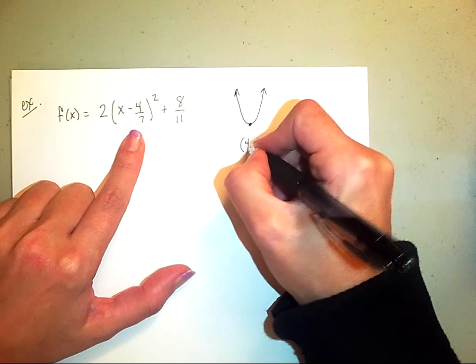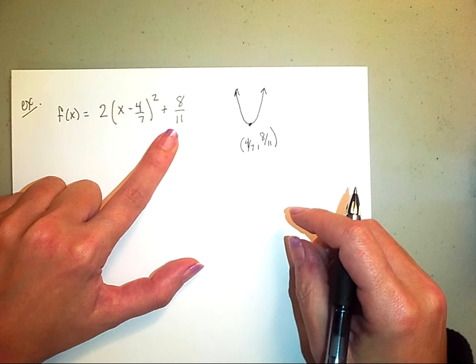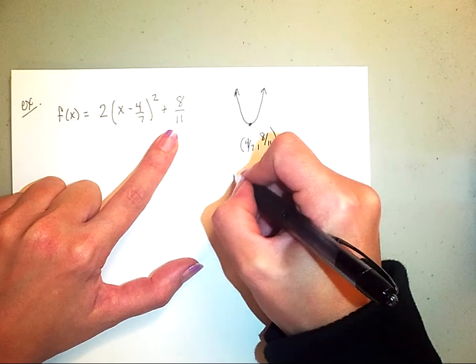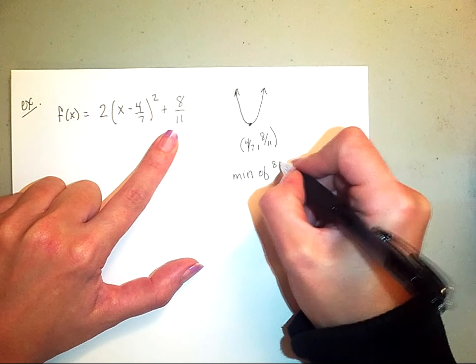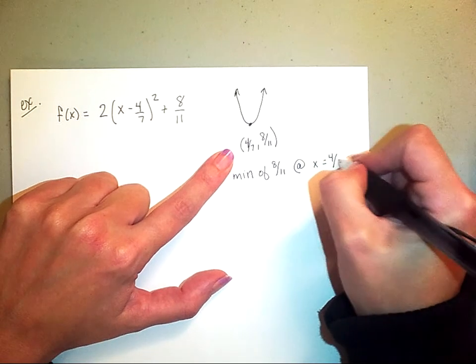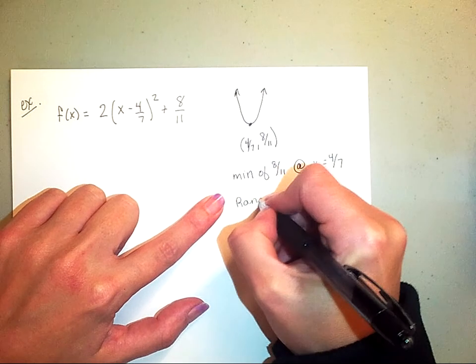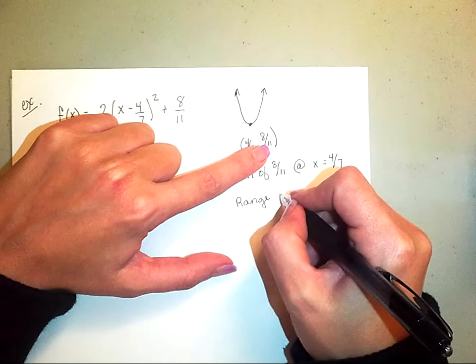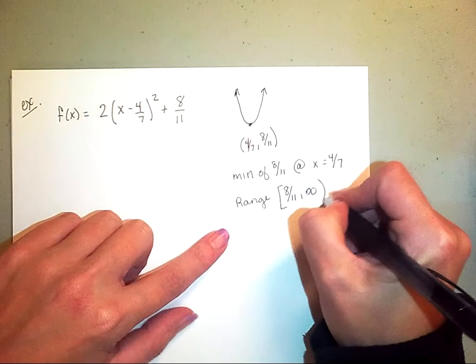It has a vertex at 4/7, comma 8 over 11. Because it's concave up, we will have a minimum. That minimum is the y value, and it occurs at x is equal to 4/7. And therefore the range, the lowest value that y can take on is 8/11. It is included and goes to infinity.